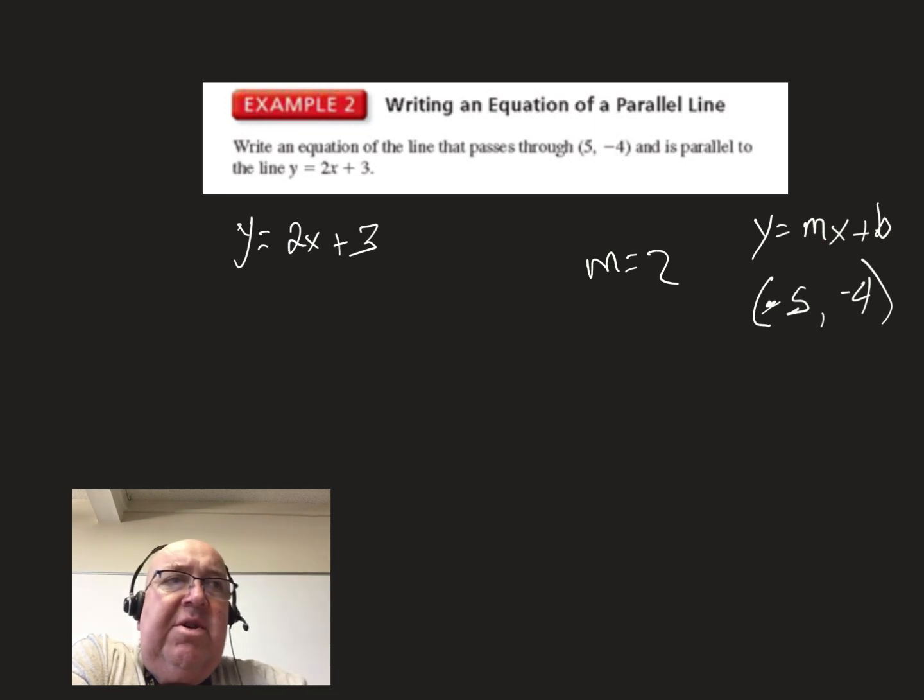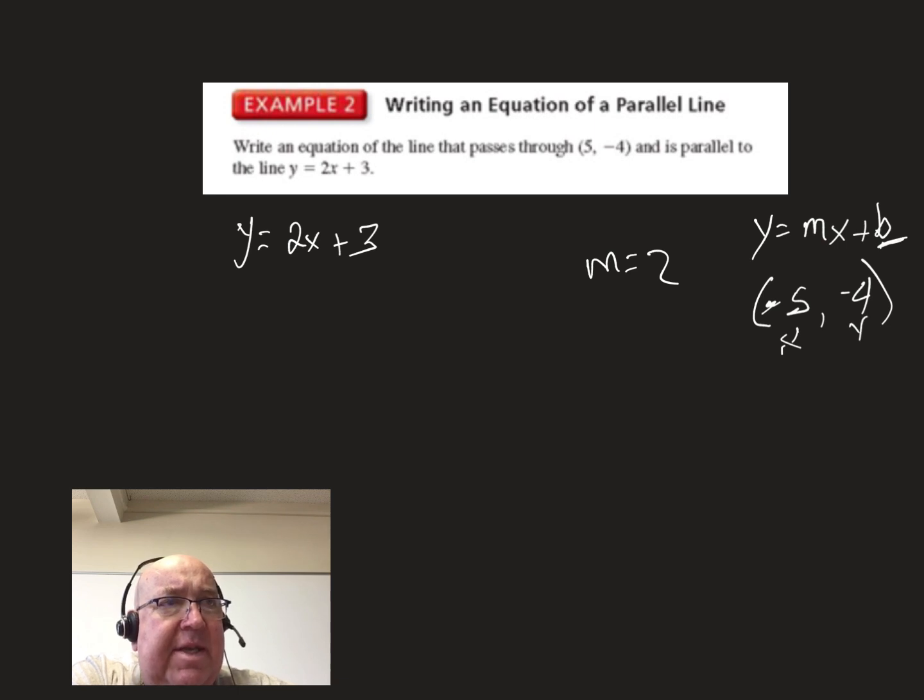So what we're going to do is we have to find our b value in order to write the equation that's parallel to 2x plus 3. We're going to substitute our y and our x values into the equation along with our slope, and we're going to solve for b.